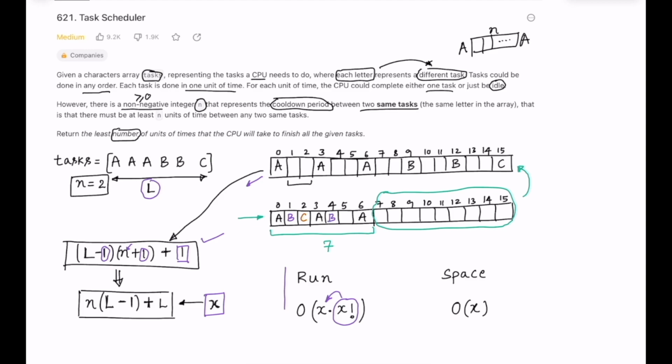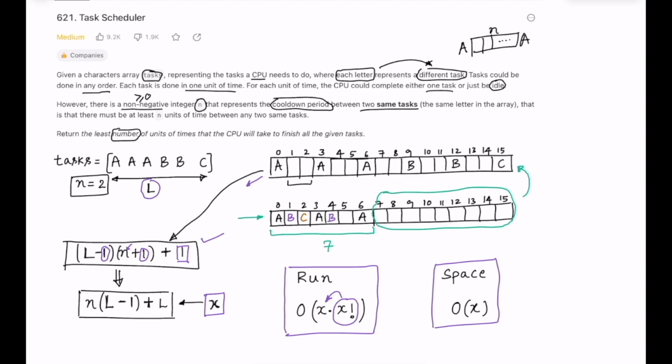So the final runtime complexity is this, and the space complexity is O of x, because we need x units to store the order. Next, how can we optimize the brute force approach?